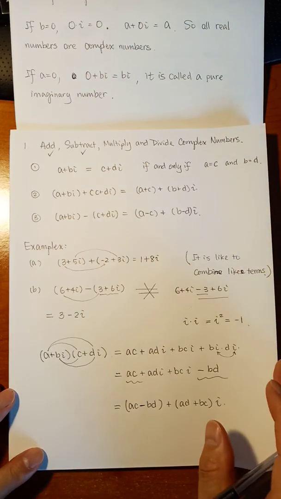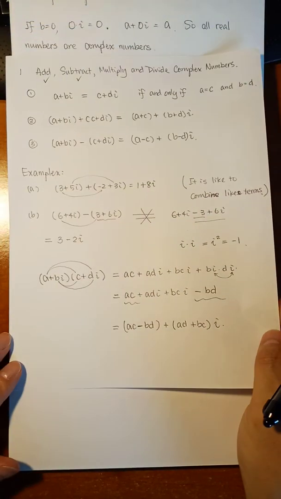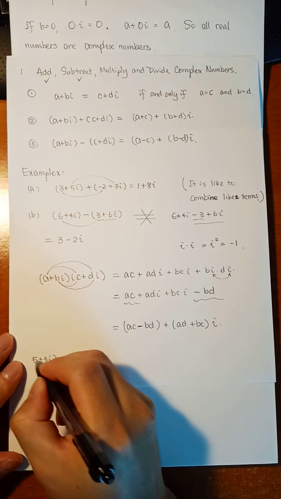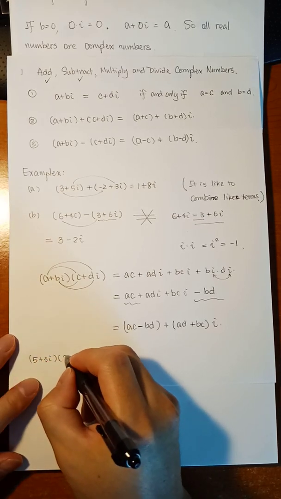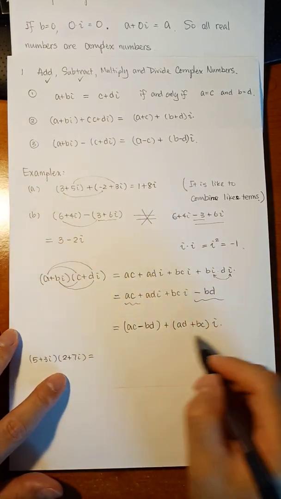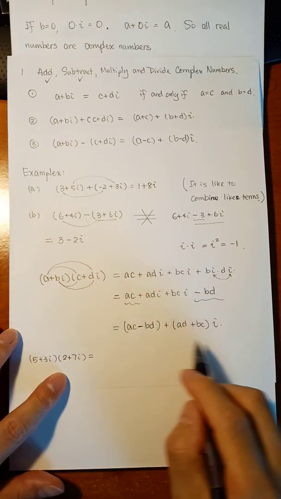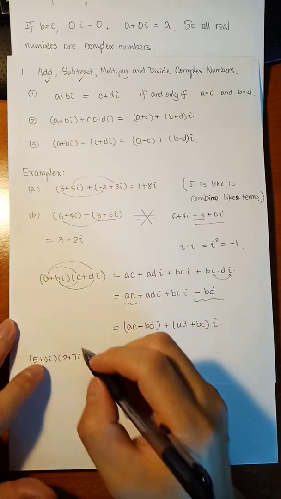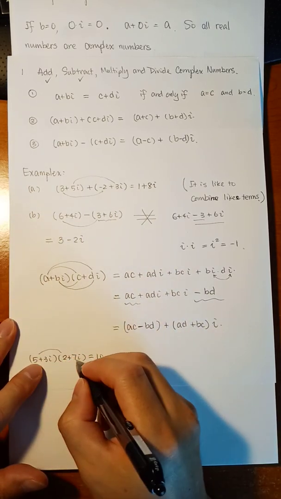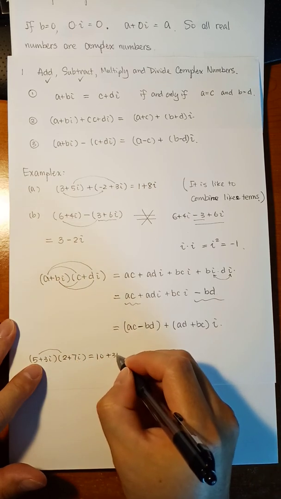Okay, so for example, let's see. 5 plus 3i times 2 plus 7i. How do I do it? I will never try it this way. It's so similar, so close. So I really do the multiplication. 5 times 2, 10. 5 times 7i, 35i.